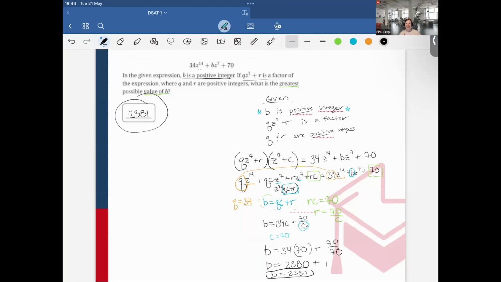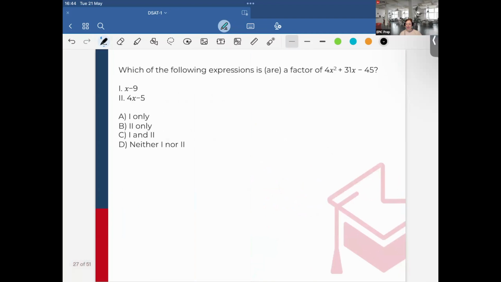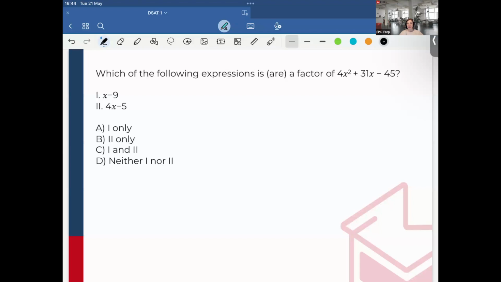Wasn't that amazing? Okay, so continuing our journey. This one's very similar to the one we did a couple of problems ago. So again, I can use the terms here. And remember, I have 4x squared plus 31x minus 45.